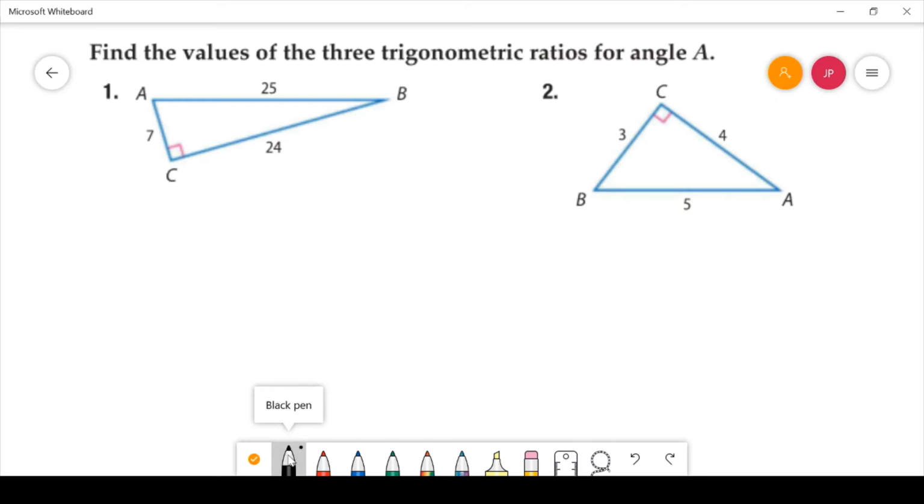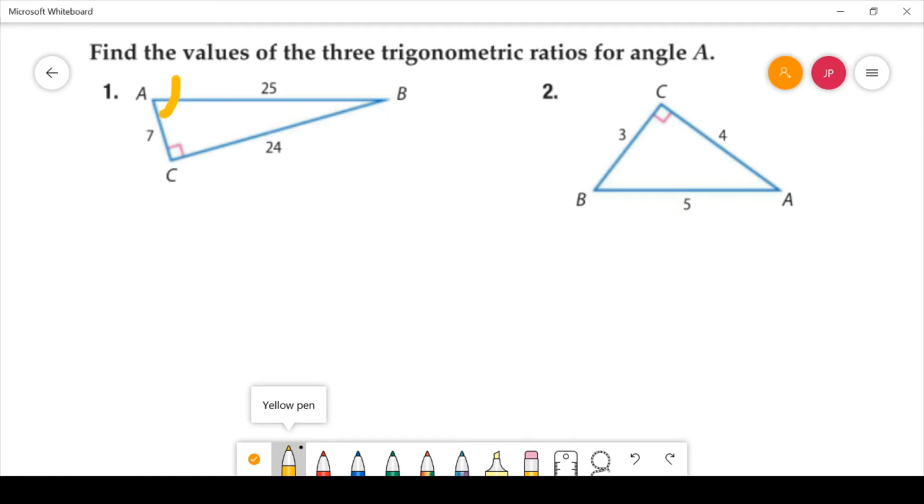So first of all, I just need to remember that this is angle A, that's what I'm going for. And secondly, I need to remember what the different trigonometric ratios are. So you've got sine, and you've got cosine.